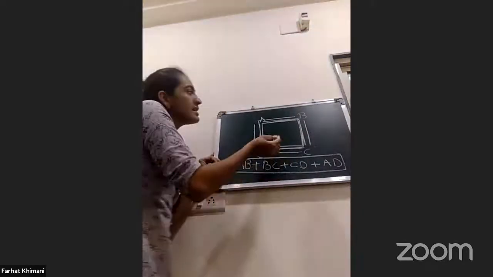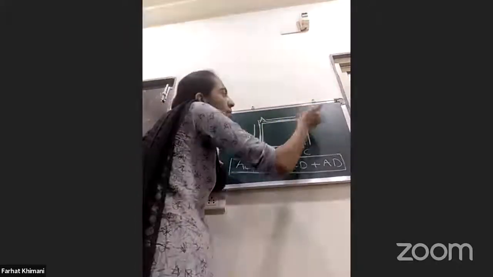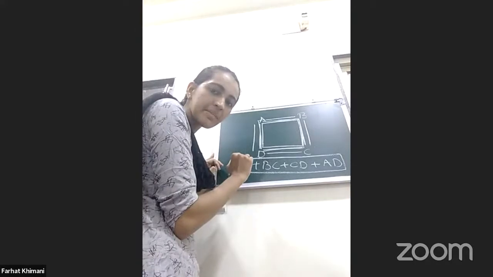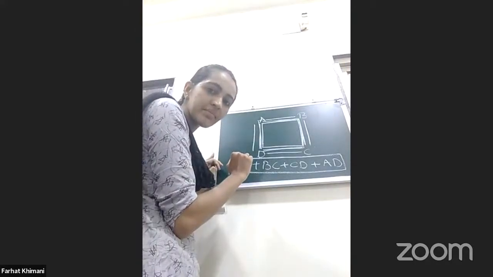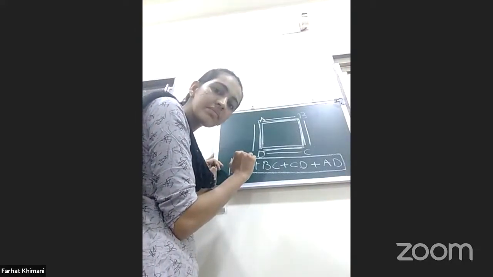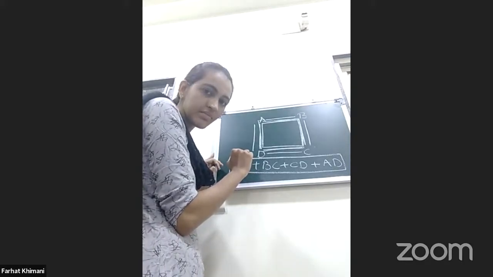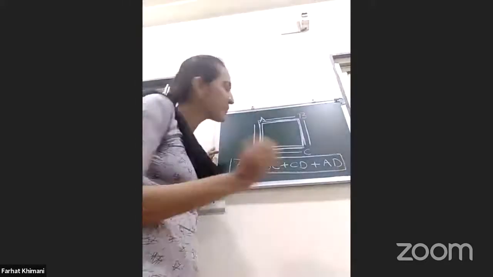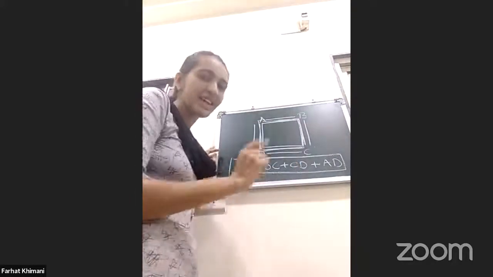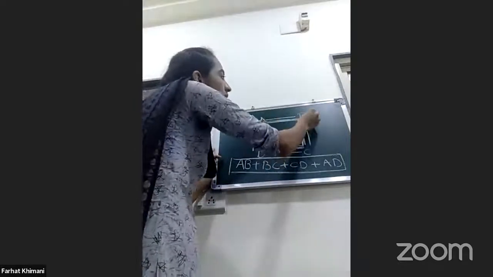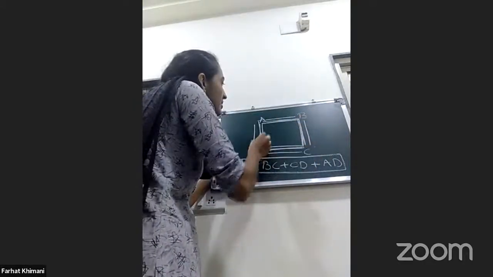So can I write this as AB plus, for BC, I can write AB. If it is AB plus BC, I think the answer will be ABC. No, that won't be the thing here. This is not what I am asking. You got it wrong. See, AB plus BC plus CD plus AD.